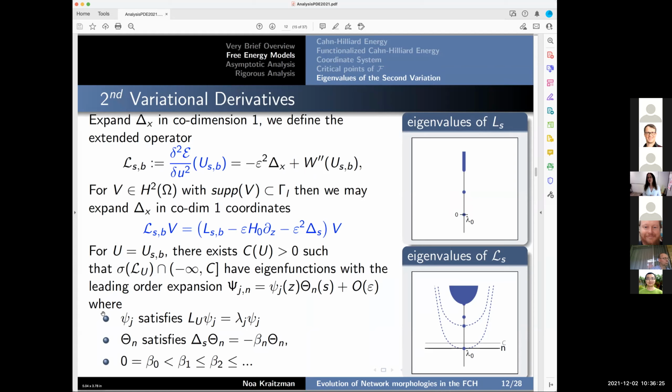Now for V supported inside the ridge, this script L operator takes this form. We can rewrite it using our new coordinate system. And it was shown that for this operator, the eigenfunctions corresponding to small eigenvalues take this form: psi j times theta n, where psi j are the eigenfunctions of the linear operator, and theta n are the eigenfunctions of the Laplace-Beltrami.